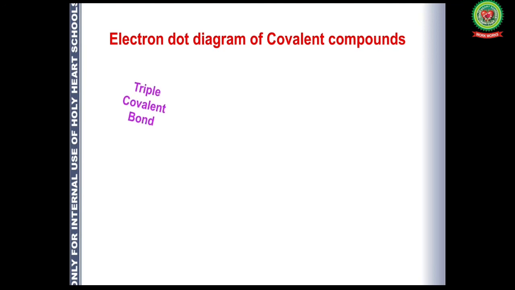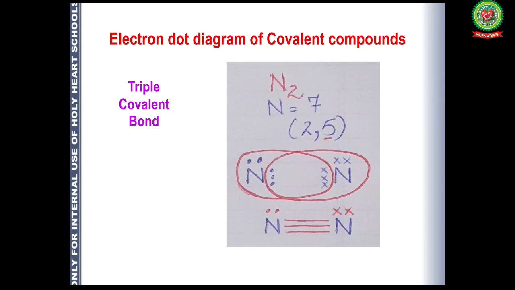Now let's have a look at the example of triple covalent bond, the nitrogen molecule. The atomic number of nitrogen is 7, so the electronic configuration is 2, 5. How many electrons does nitrogen require to complete its valence shell and achieve noble gas configuration? 3 more electrons, then only its L shell will be complete. So see how the electrons have been arranged.